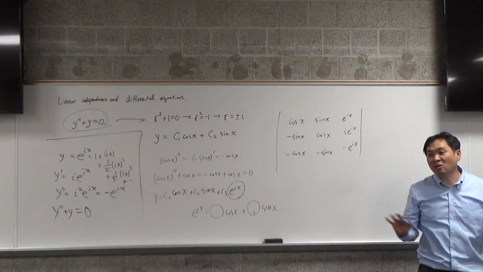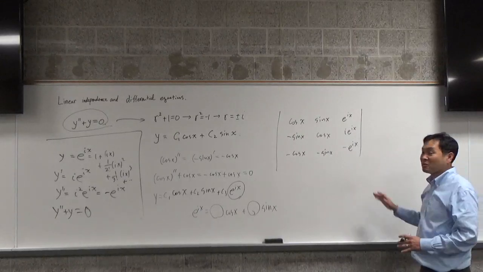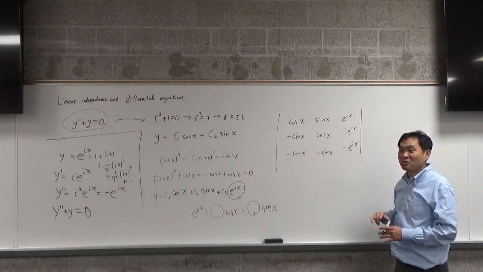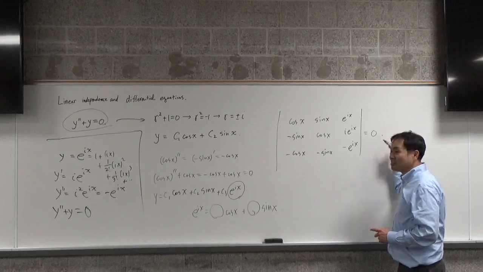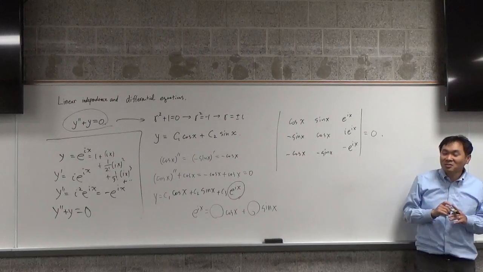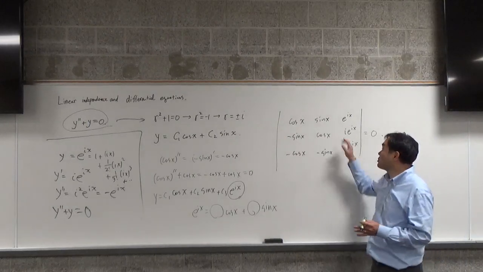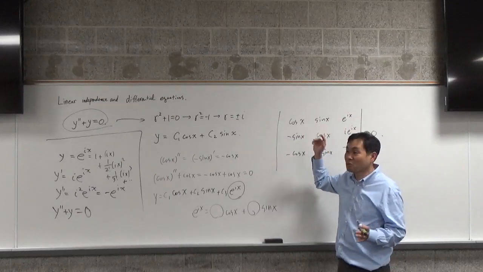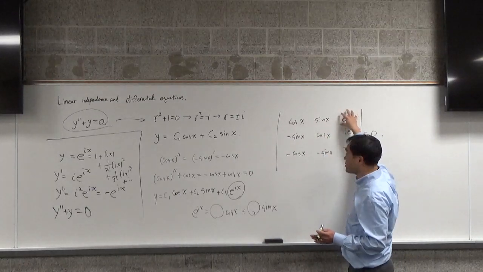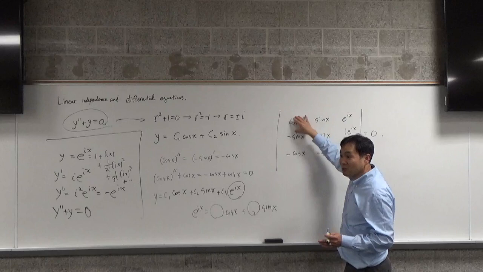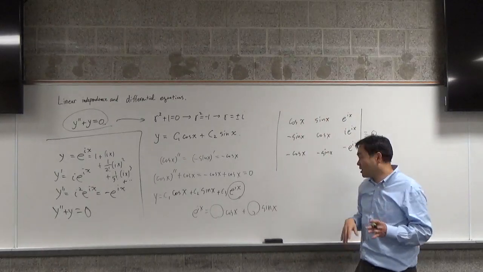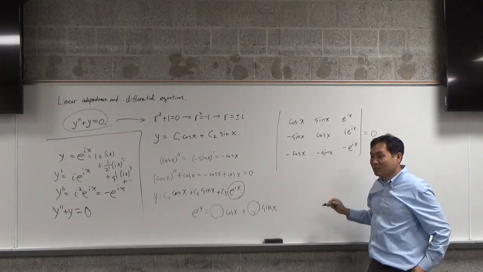Now this is a very long calculation, so I don't want to do it, but if you do it, guess what you get? You get 0. So that means there's some kind of a linear relationship between these three functions. In other words, you should be able to write this as a linear combination of these two. What is it? As Nicholas said, it's the Euler identity.